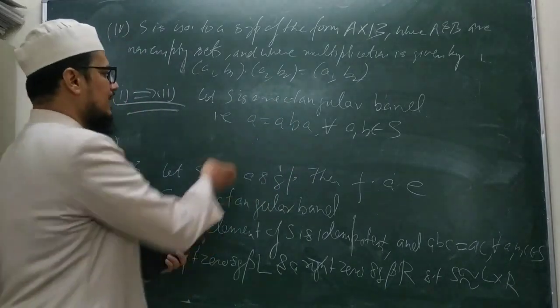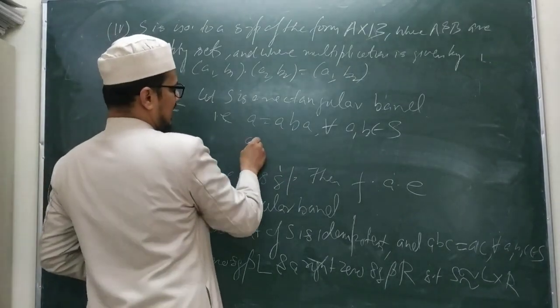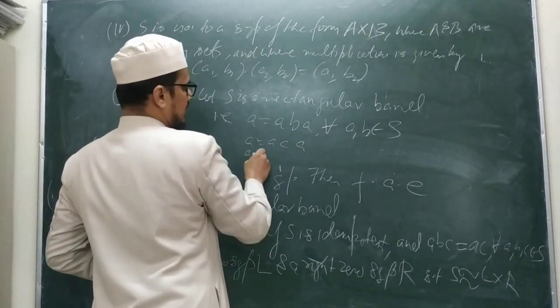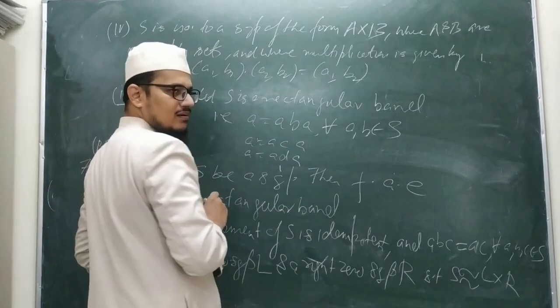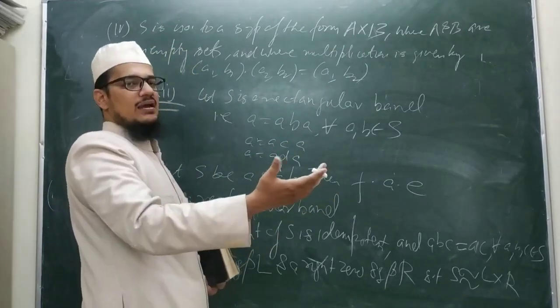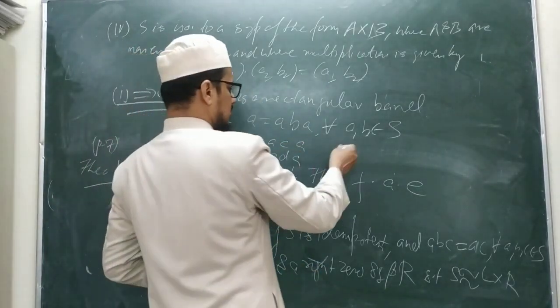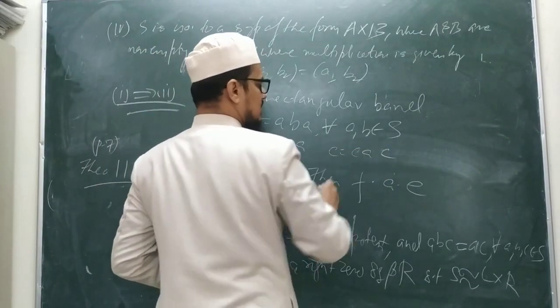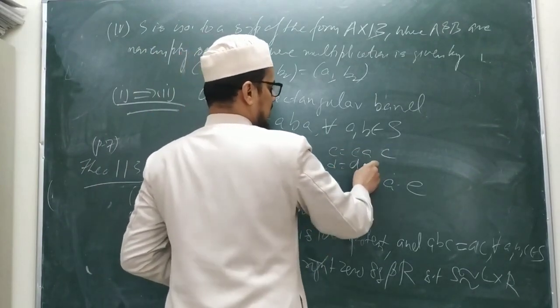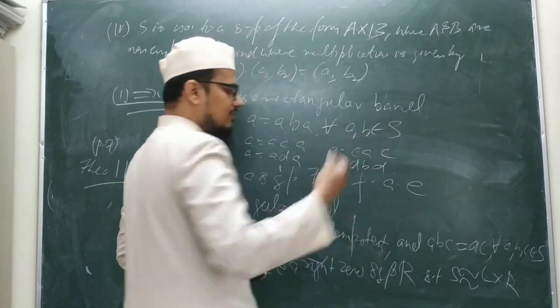For example, you can write A is equal to ACA, A equal to ADA, like this, A equal to AEA. Similarly, you can also write C is equal to CAC, D is equal to DBD.